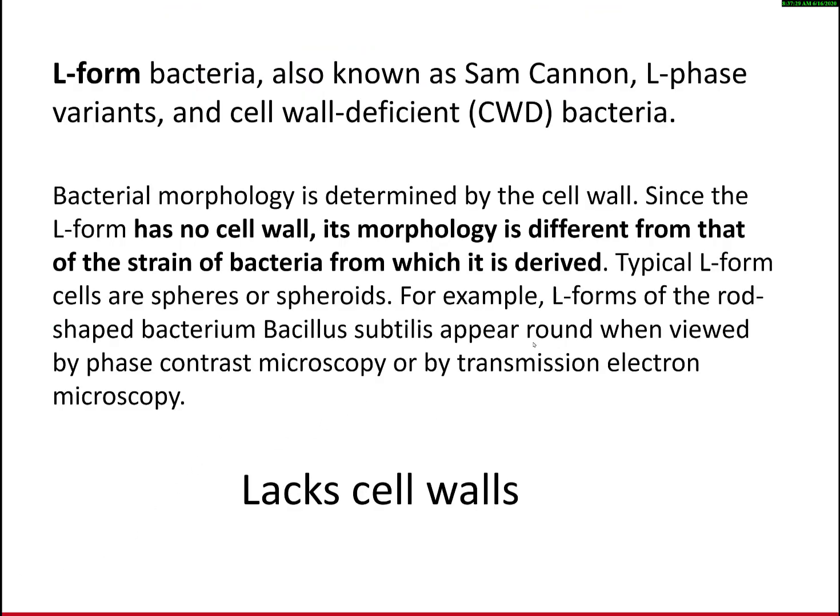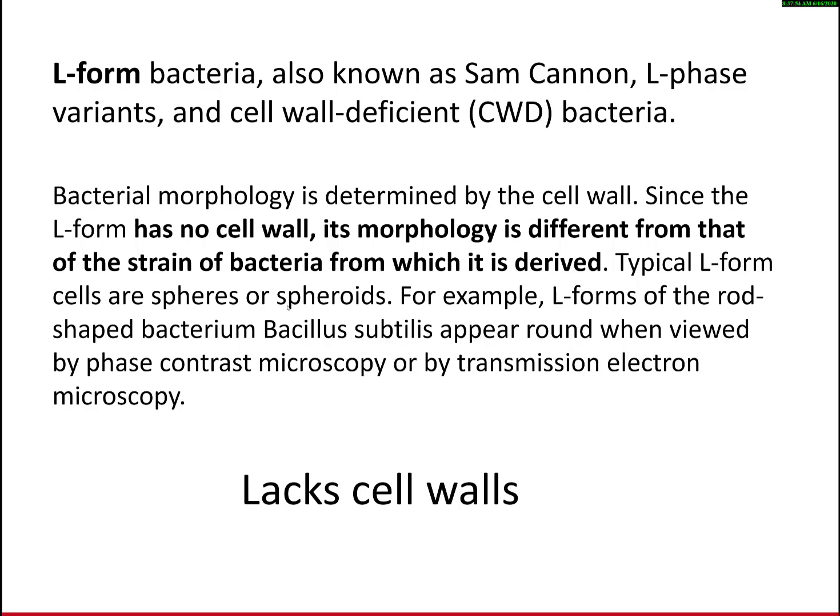The L forms are also known as the Sam Canyon L phase variants. Now, you can do a search on Sam Canyon and find out what the L phase variants are and the cell wall deficient forms. But the bacterial morphology is determined by the cell wall, and because the L form has no cell wall, its morphology is different from the strain of bacteria it was derived from.